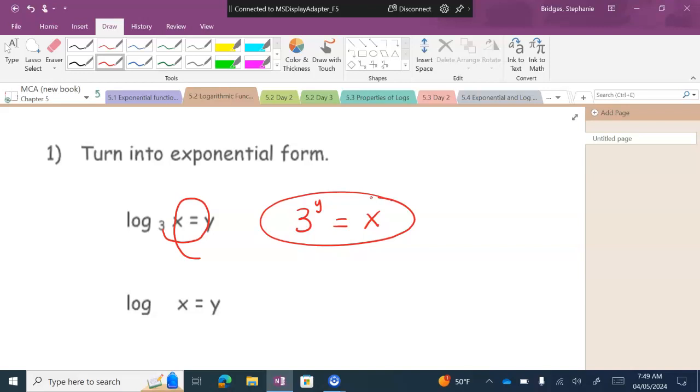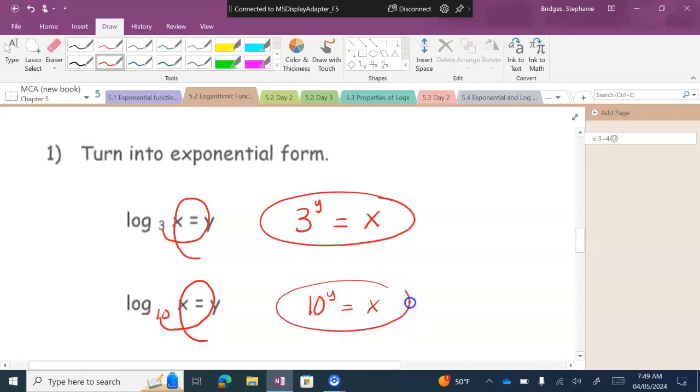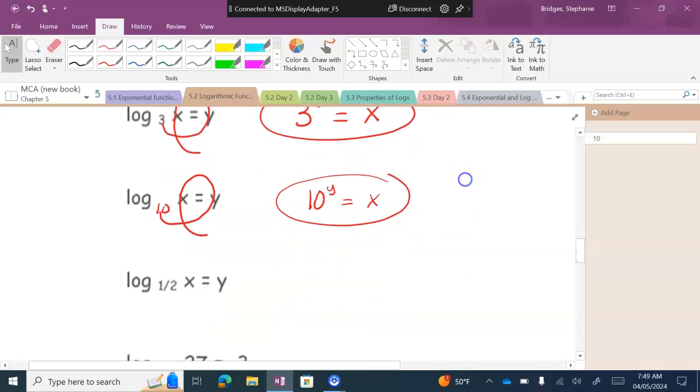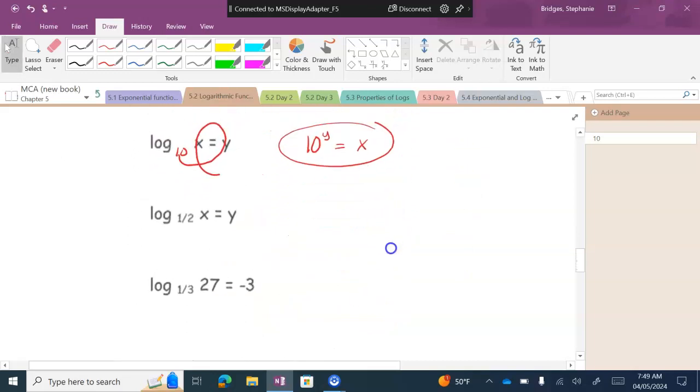We're going to take it to exponential. Base is 10 when it's not written. So we're going to go 10 to the y power equals x. And that's all you have to do. Again, we're just changing it from log form to exponential. Not hard, right? Okay. Try those two then.